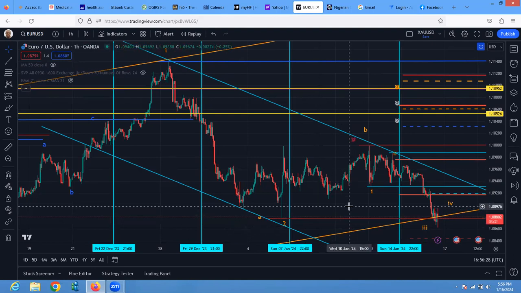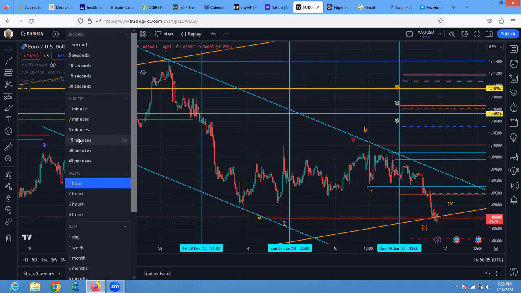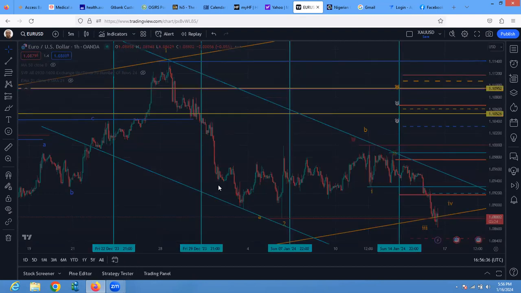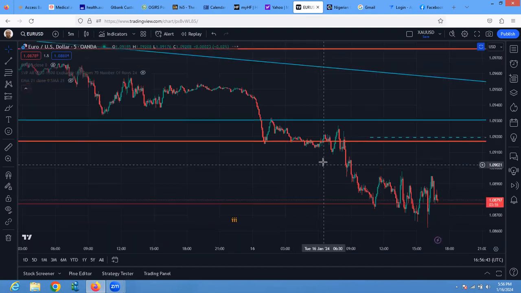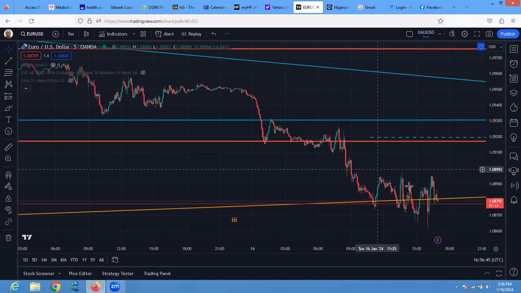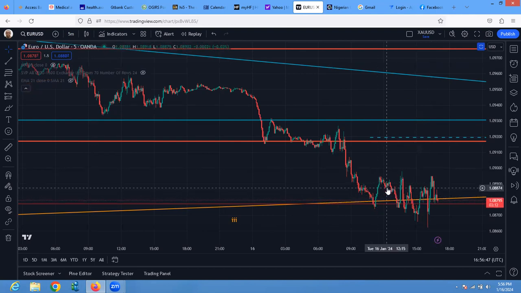Once price breaks above this level, let me go on the 15 minute or 5 minute time frame. Once price breaks above this level to the upside, because we are seeing a consolidation on the 5 minute time frame now, so we may be finishing these.